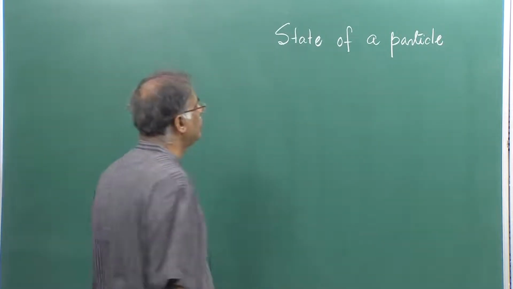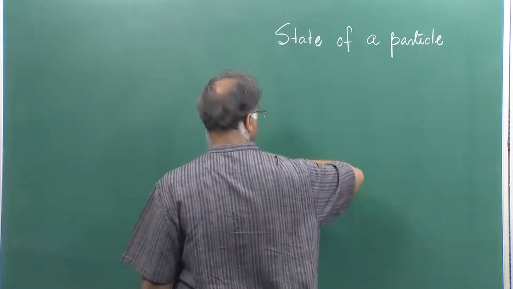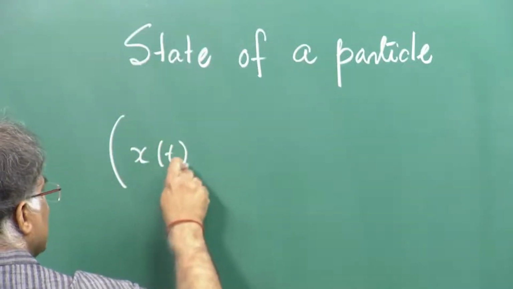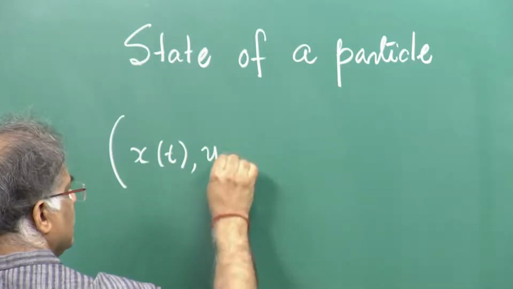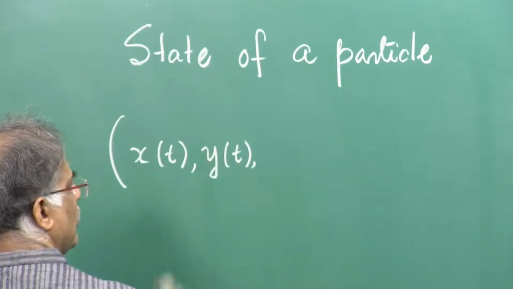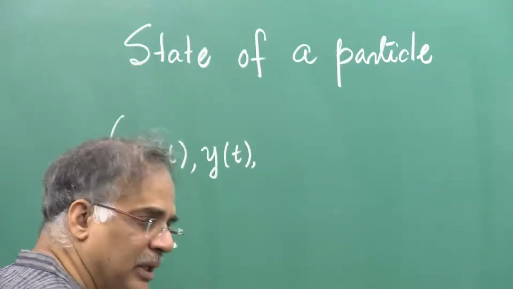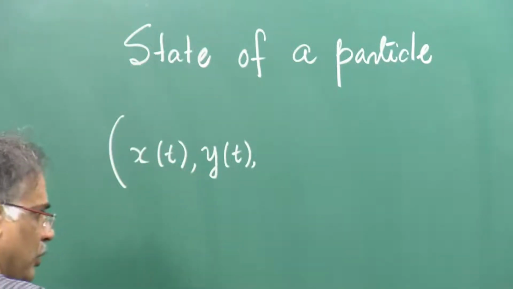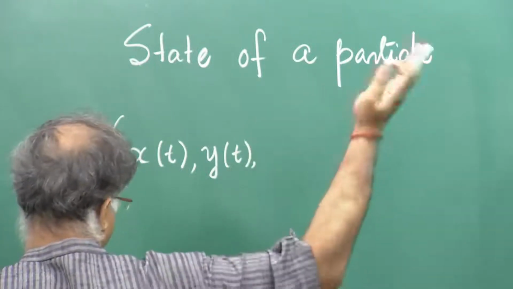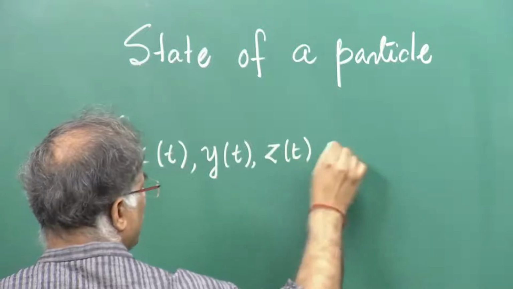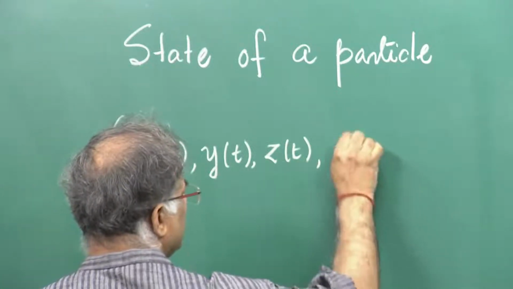The state of a particle is actually defined by a 6 dimensional vector. A vector is not just 3 dimensional or 2 dimensional as we have been studying, it can be more than that. We will also talk about n dimensional vectors, that is pretty large. Here we need a 6 dimensional vector to define what is called a state.